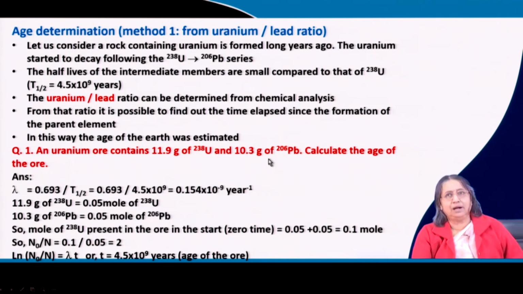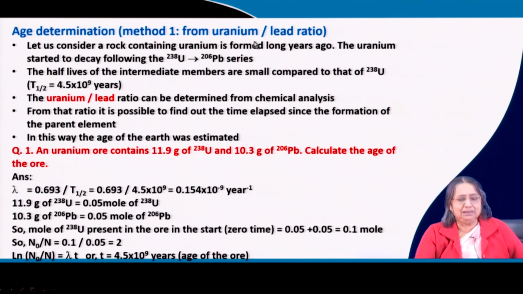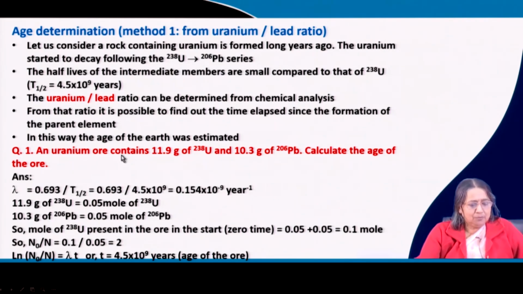Now, let us do one problem on the uranium-lead ratio. A uranium ore contains 11.9 gram of uranium 238 and 10.3 gram of lead 206. Calculate the age of the ore. What they are supplying is how much uranium and how much lead is in the ore at present.